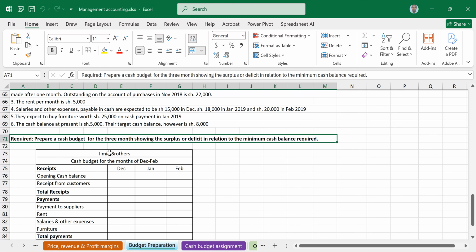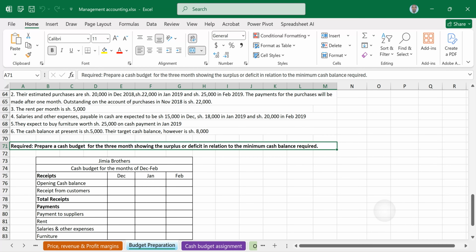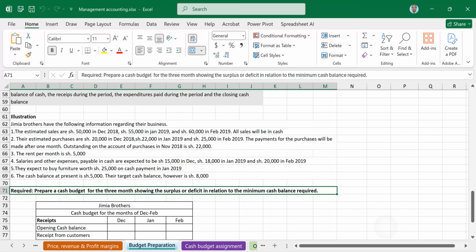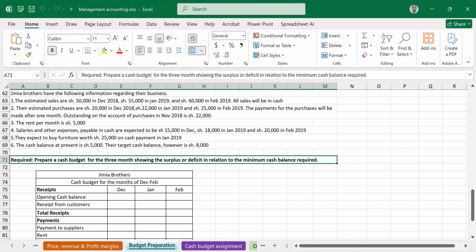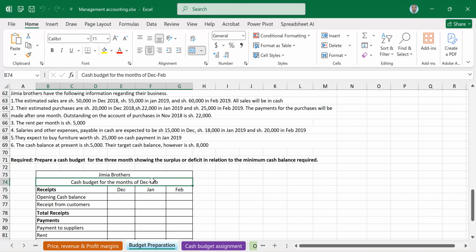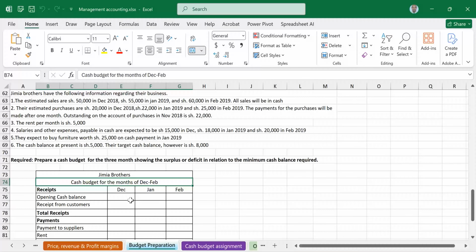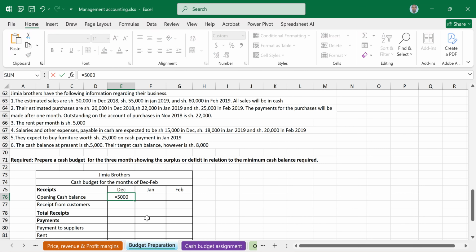The format is already there and they want it for 3 months. The 3 months will be from December 2018 to February 2019, given the information that we have here. Now, what is the opening cash balance? They said in note 6 that the balance at present is 5,000. So the opening cash balance is 5,000. You just say 5,000.